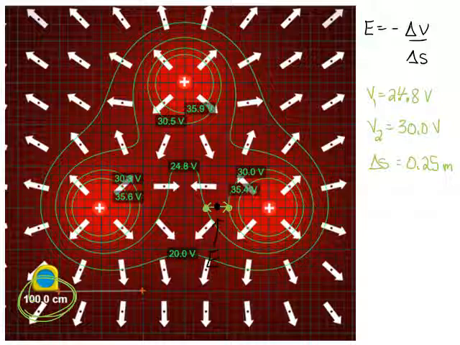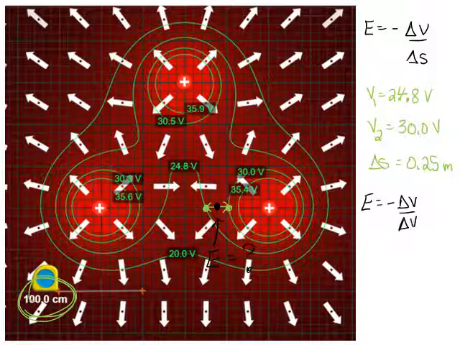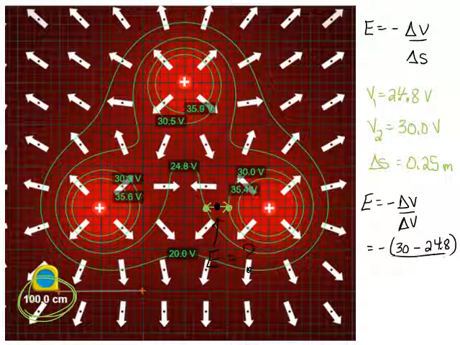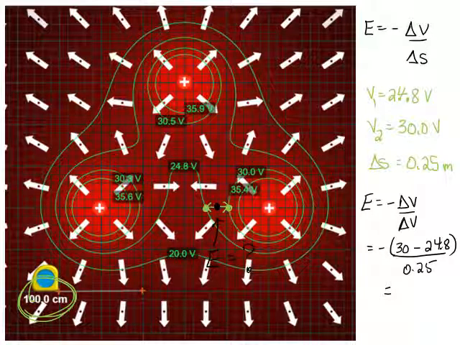E equals minus delta V over delta S: minus 30 volts, take away 24.8 volts, divided by 25 centimeters, which is 0.25 meters. Just grab the calculator. 30 minus 24.8, divide that by 0.25, and we get 20.8 volts per meter.